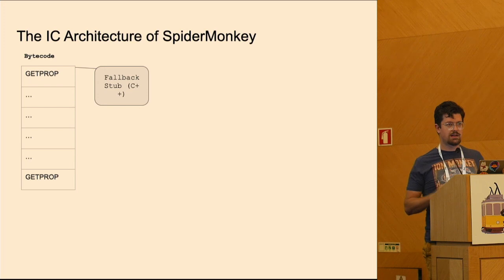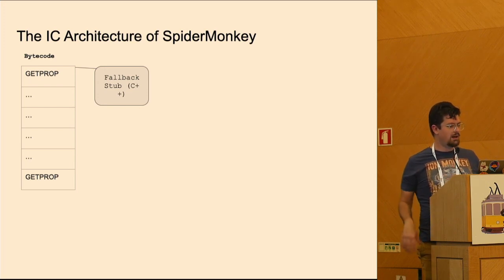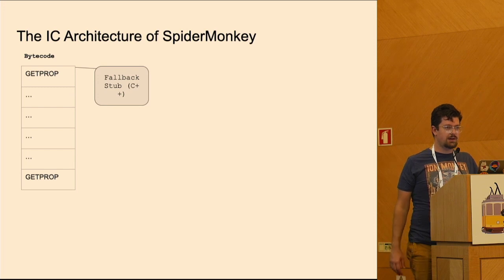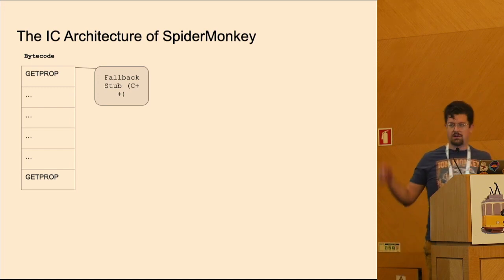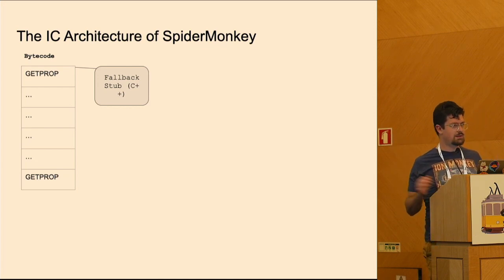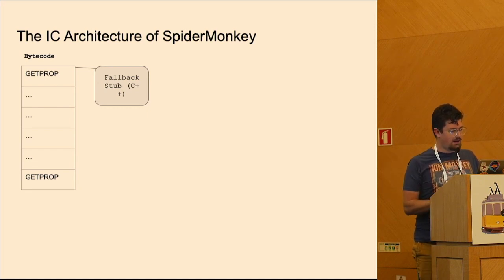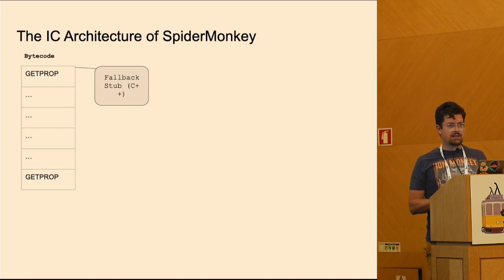SpiderMonkey, like a lot of language VMs, compiles source text into bytecode. Our bytecode, any bytecode that is eligible for an inline cache, will start in this unlinked state where you have a pointer to a fallback stub. So the fallback stub is written in C++, and its job is to always be able to provide an answer. It's always able to resolve the input. When you do that, though, we can attach a stub.